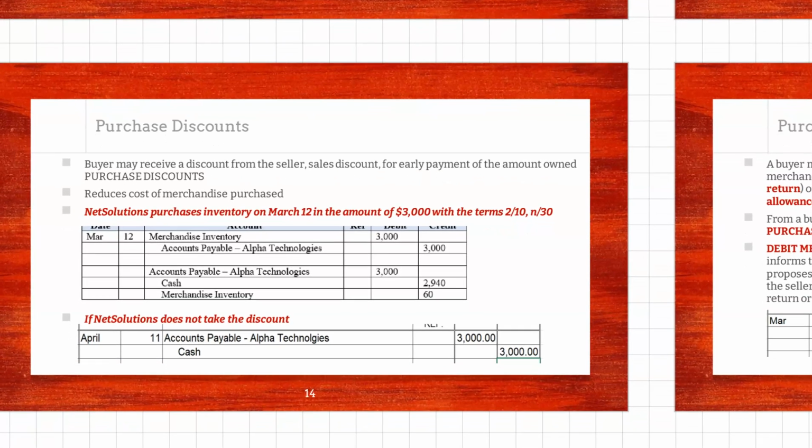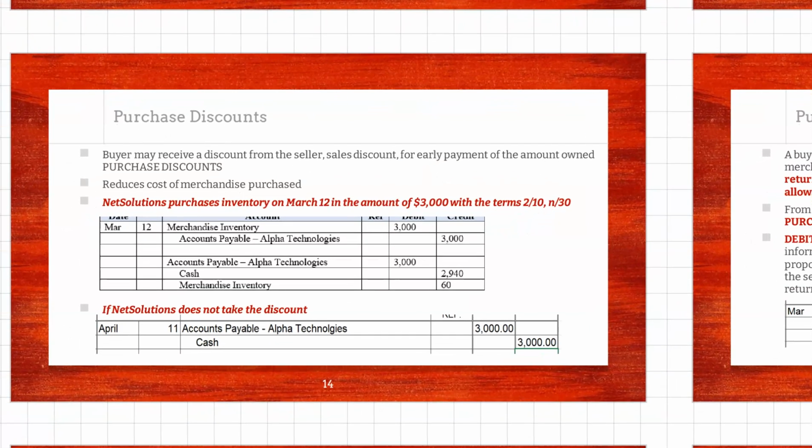Now, just as a merchandising business will offer customers discounts, when a merchandising business purchases things, they are offered the same type of discount. When they purchase their merchandise for sale, they are offered the same types of discounts. So the buyer may receive a discount from the seller for early payment of the amount owed, which is going to be purchase discounts.